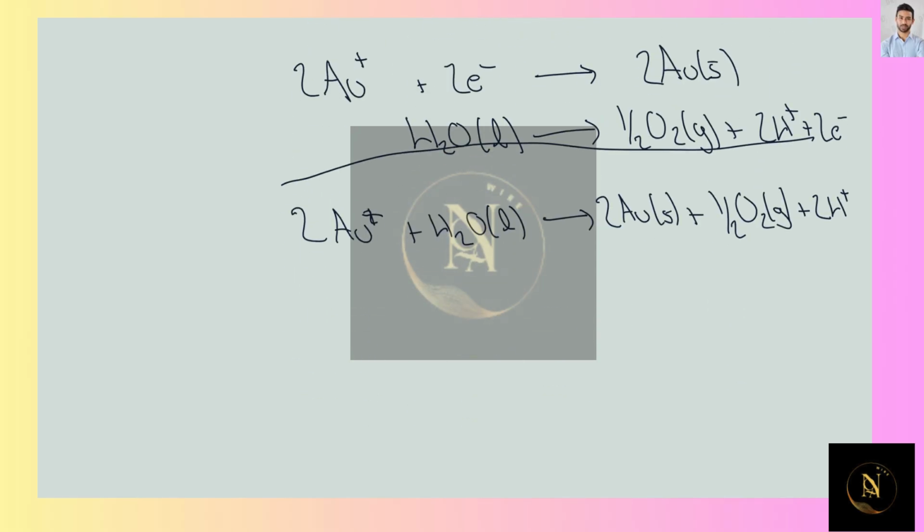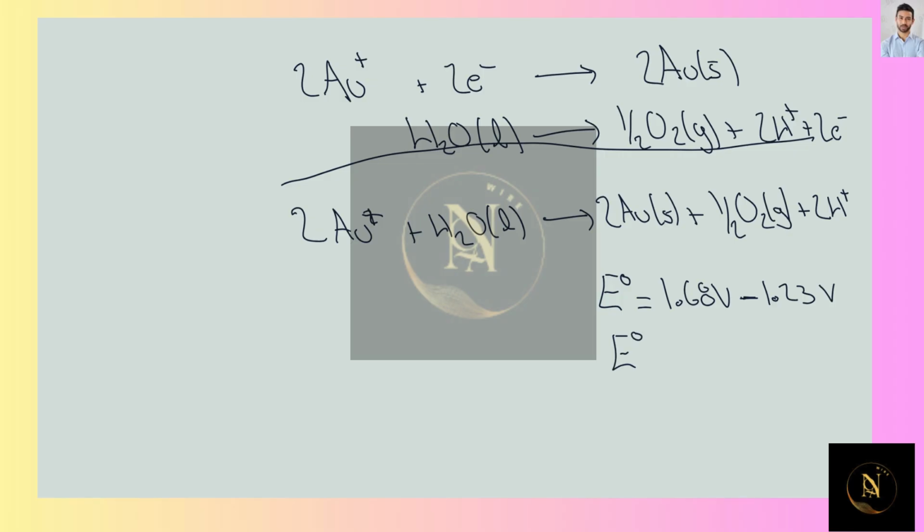And the E0 for this reaction is going to be 1.68 volts coming from the gold reaction minus 1.23 coming from the water reaction.